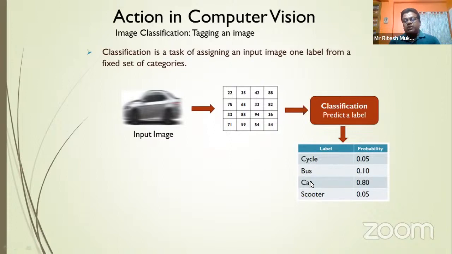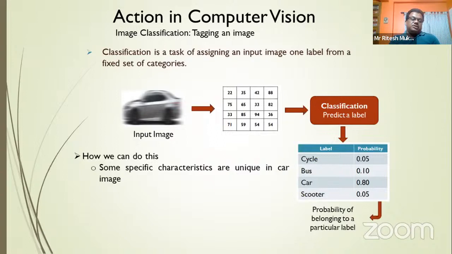For bus, it is 0.10. For car, it is 0.80. And scooter is 0.05. So you can see the maximum probability for this image as per the computer program is 0.80, which is nothing but a car. In that way, the computer tries to understand what is appearing in front of it, right?